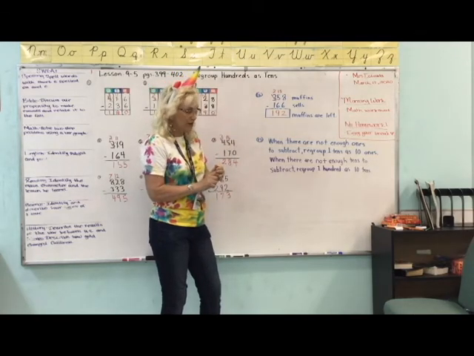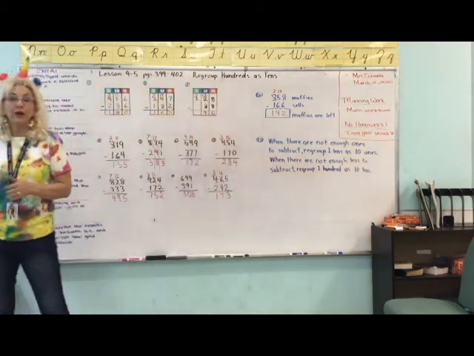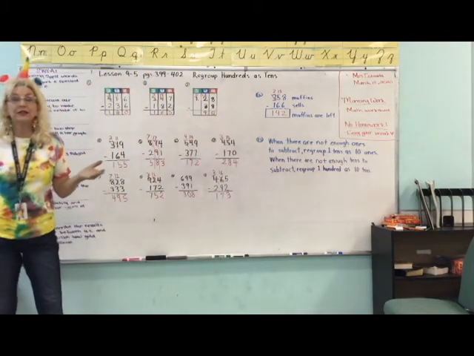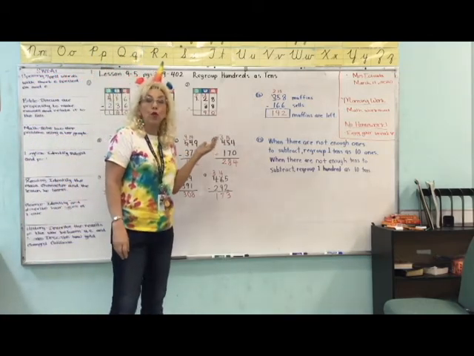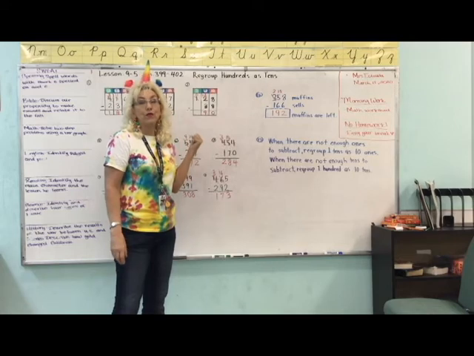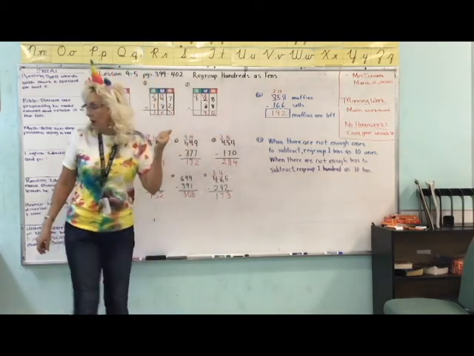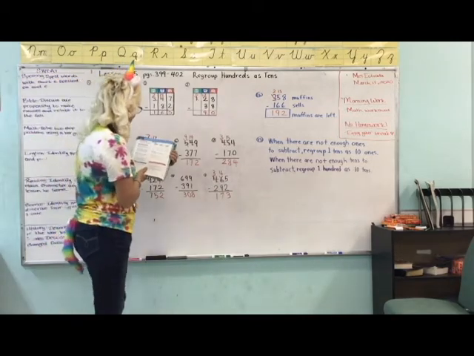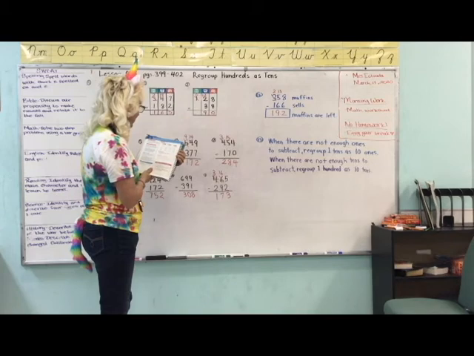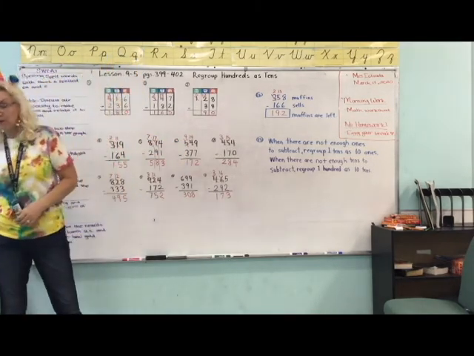Now they ask a question about how you know what to do when a number in the tens is too small for the number in the hundreds, or the number in the ones is too small for the ones. And so this answers the question for number 13. It says, explain how regrouping hundreds as tens is like regrouping tens as ones. And we've talked about this before.